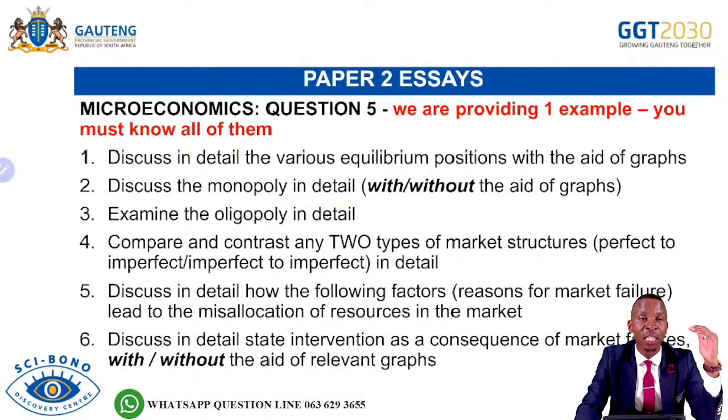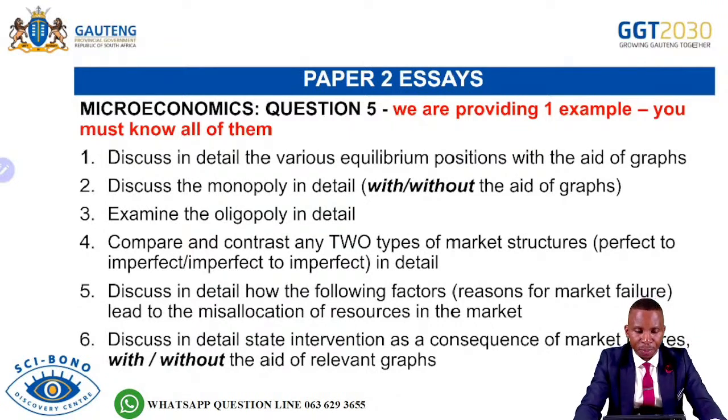It should be more than average revenue. Average cost curve should be above. And then also note that during the normal profit or break even, your average cost should be turning along the average revenue curve. If it's economic profit, your average cost curve should be turning below the average revenue curve.